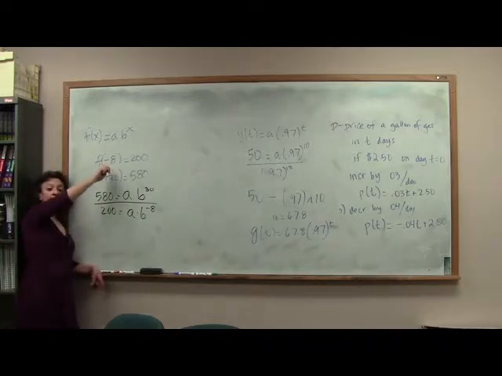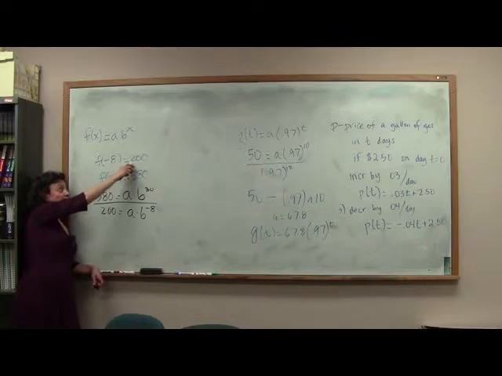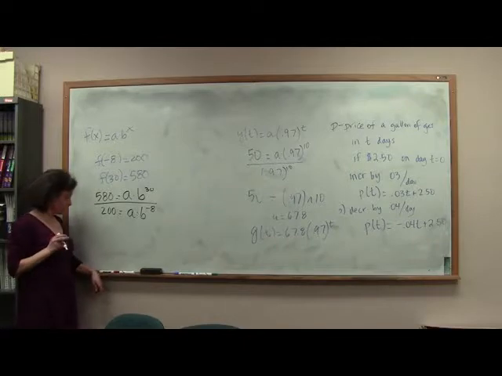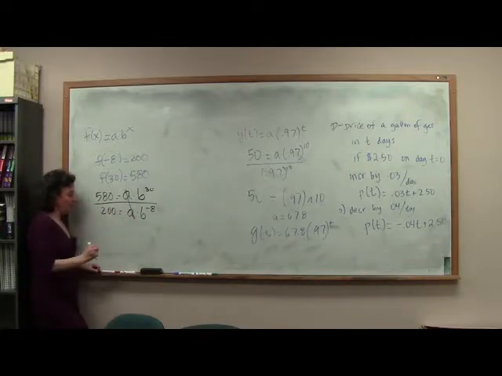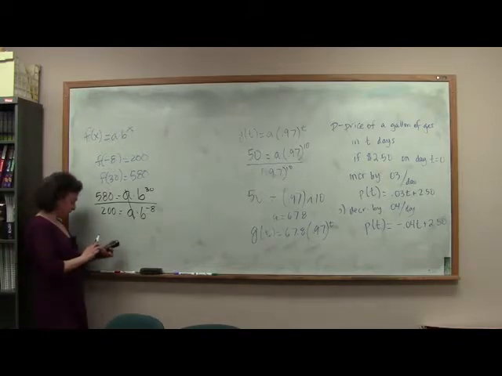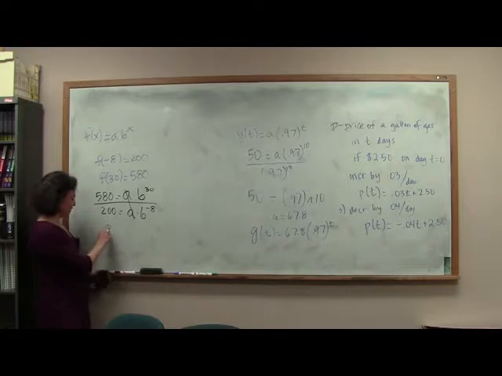One thing I'm going to point out, notice as my x values are getting larger, so is my function. Therefore, I can expect the base of my exponential to be greater than 1, right? Because it's growing. Well, again, our a's cancel. We have 580 divided by 200, and that gives us 2.9.